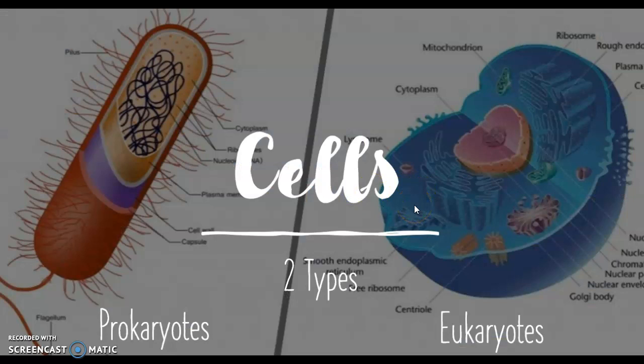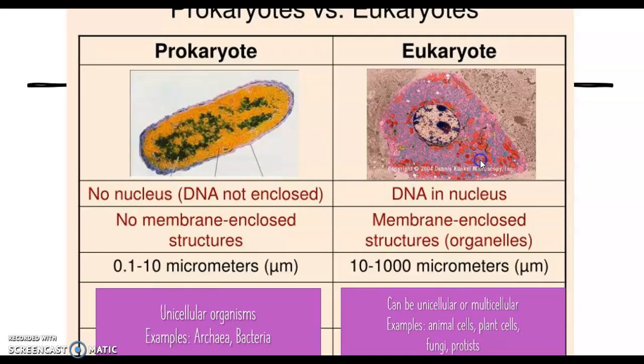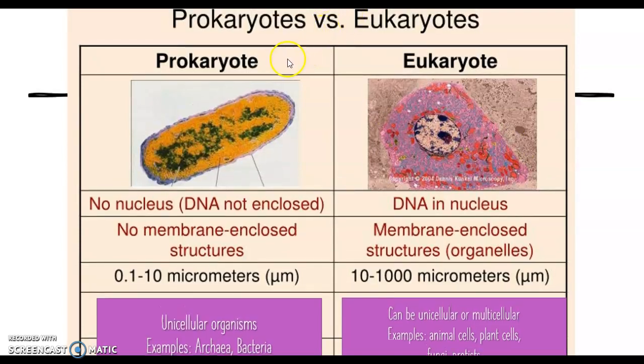We now know there are two types, prokaryotes and eukaryotes. Well, the prokaryotes, let's look at these first. Notice it has a lot of stuff inside there, but no compartments. Things are scattered. This green stuff is the DNA. Okay, there's no nucleus. It's not contained in anything. It's just scattered in there.